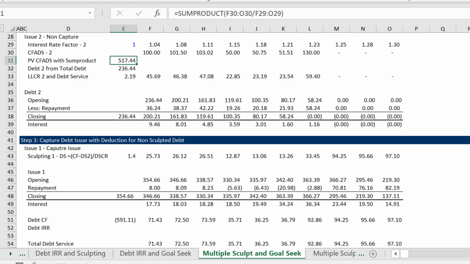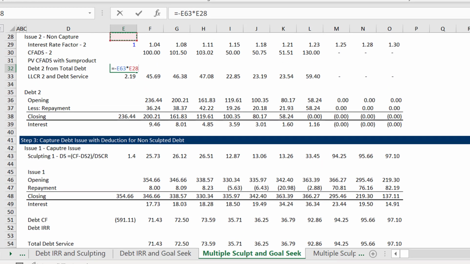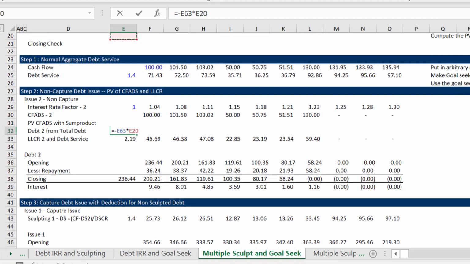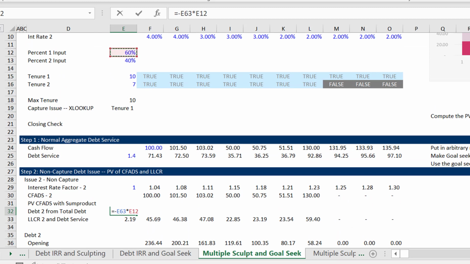And I think I'm gonna put a minus on the goal seek debt multiplied by the percentage of the debt that we want. Okay, that's the debt number 2, the non-capture debt issue. And then, whoops, I don't need a minus this time.